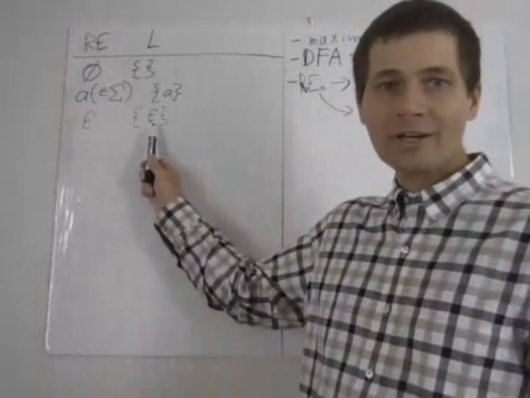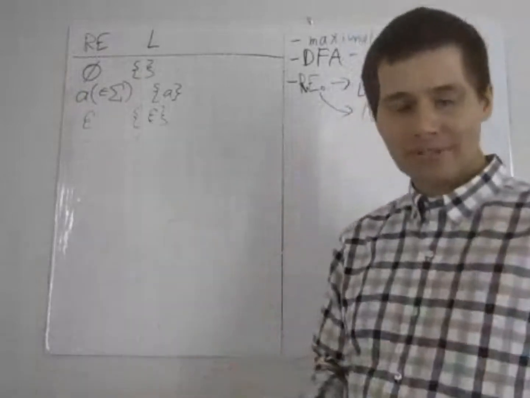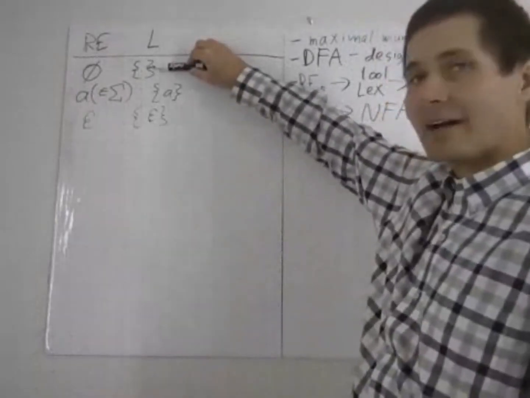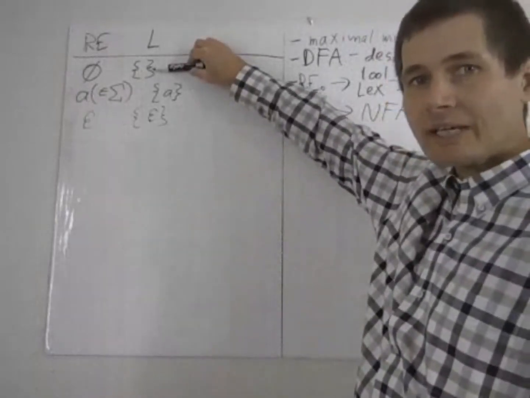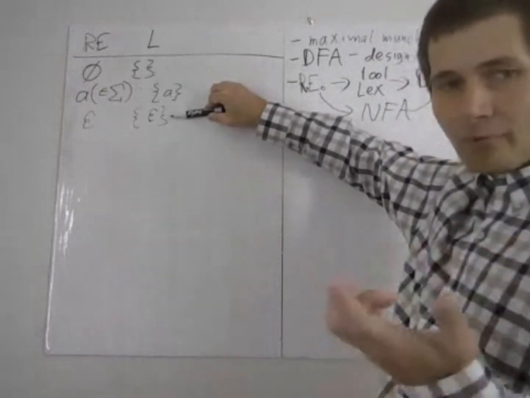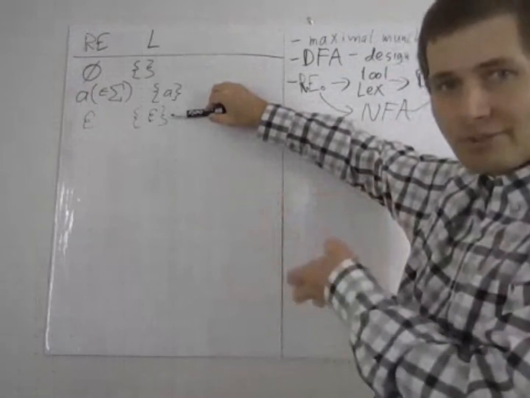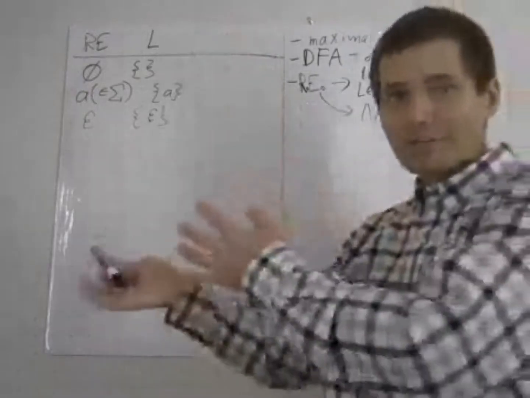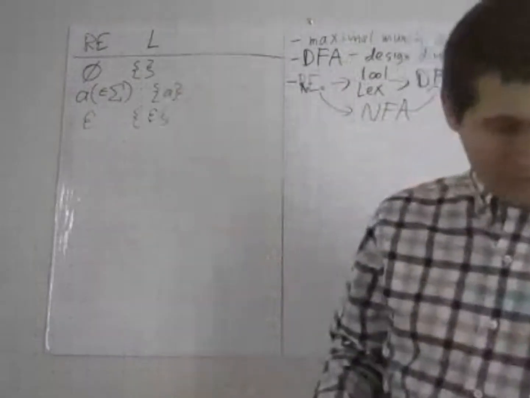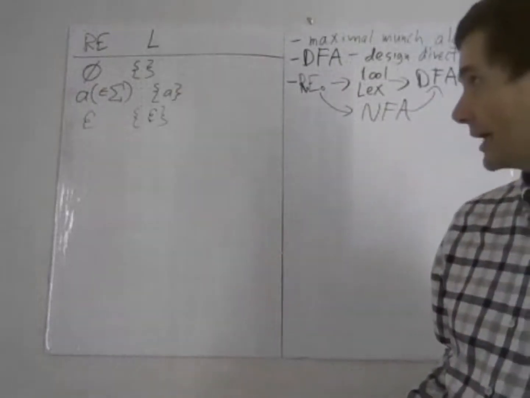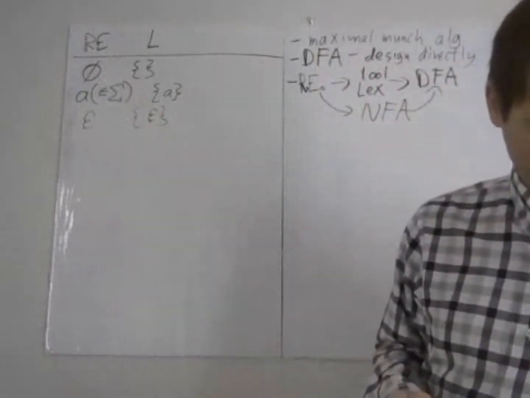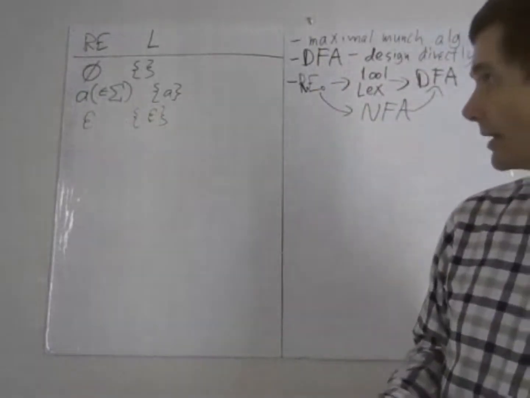So we often write epsilon as a representation of the empty word. So the difference here is that here we have a set with 0 words in it. Here we have a set with 1 word in the set, and that 1 word is a word with 0 symbols in the sequence of symbols that make up the word. Okay, so those are the trivial cases of regular expressions. So 0, A, and epsilon are all valid regular expressions.